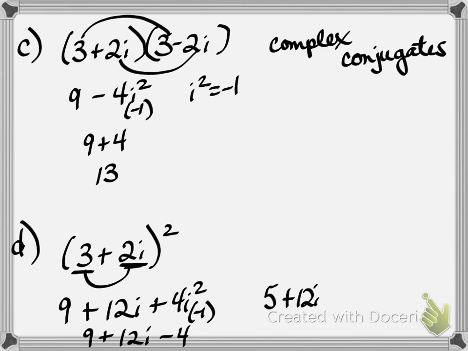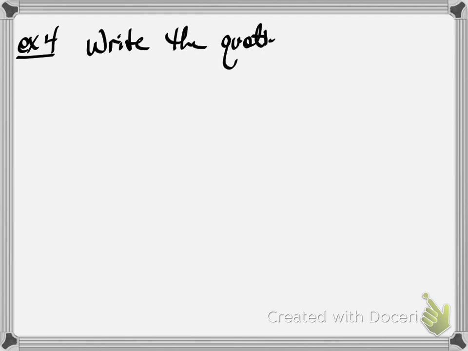Okay. Then we're going to divide, although we're not really dividing, we're writing the quotient in standard form. All this standard form stuff is just math people got together and decided the form they want to leave things in.